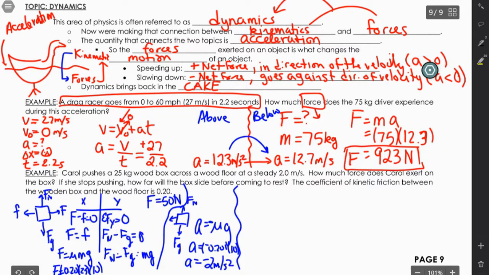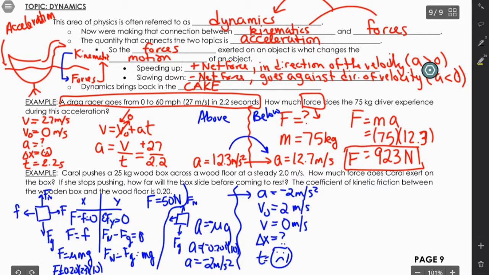Now we've crossed into the water, so our acceleration for our sliding object is negative 2 meters per second squared. Its initial velocity is that steady 2 meters per second. It's going to come to a stop. We're looking for how far it went, and our non-needed factor is our time.